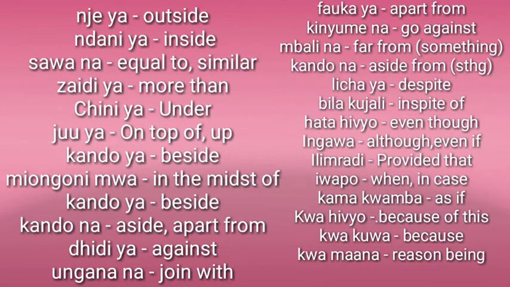Here are the 20 plus prepositions that can help you. Nje ya, ndani ya, sawa na, zaidi ya, chini ya, juu ya, kando ya, miongoni mwa, kando na, dhidi ya, ungana na, fauka ya, kinyume na, mbali na, licha ya, bila kujali, hata hivyo, ingawa, ilimradi, iwapo, kama kuamba.